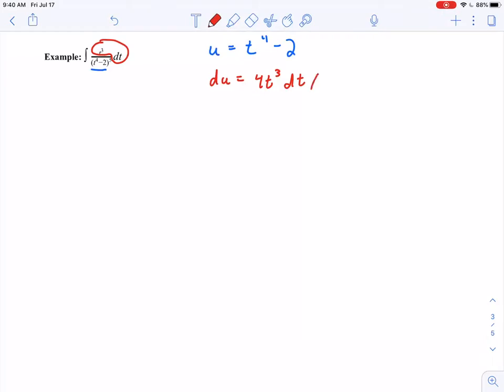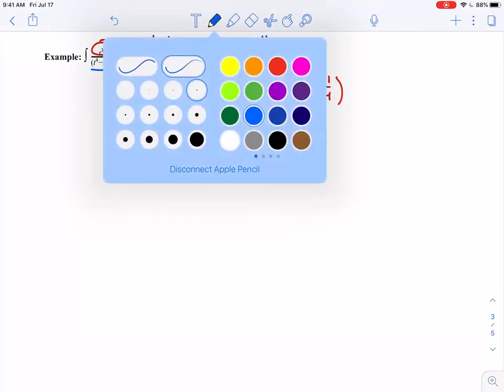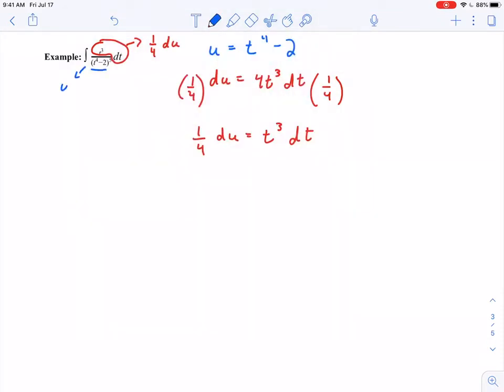So I'll get rid of that by multiplying both sides by 1/4. So I'll end up with 1/4 du is equal to t cubed dt. So when I take this piece out, I'm going to replace it with 1/4 du. And then this blue part over here, that's going to be u.